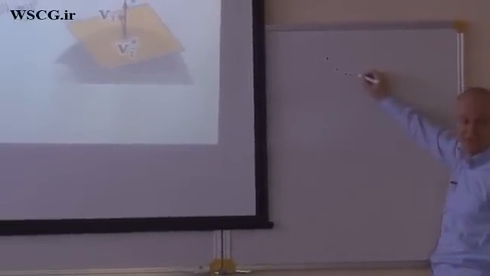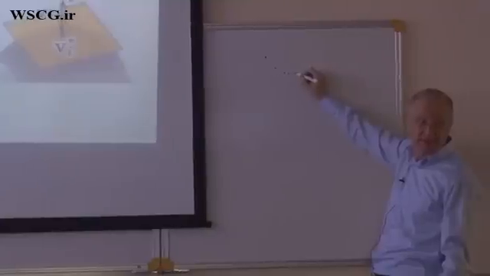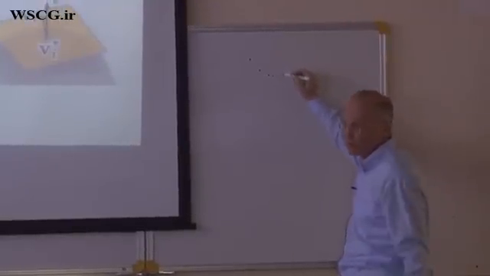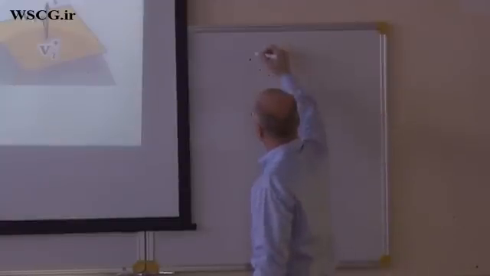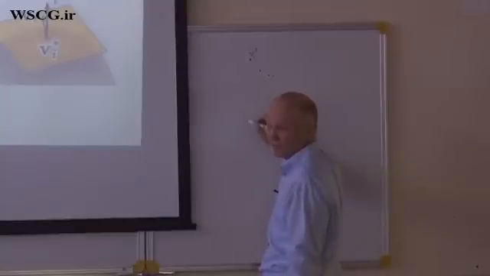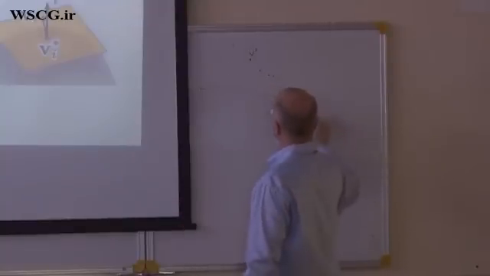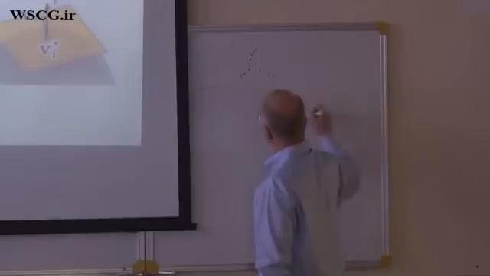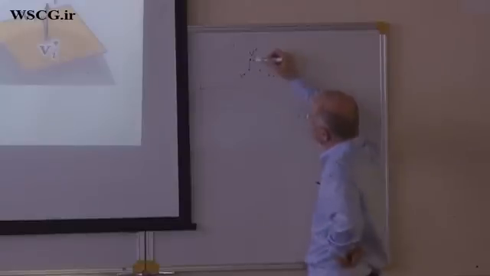Typically the changes will get smaller and smaller, and then at some point we will have converged to a solution. So if we have the vertex Vi in its current position, C means the current position, and we have here our reference surface, we compute the closest point, Vi star, on the surface to this point Vi.